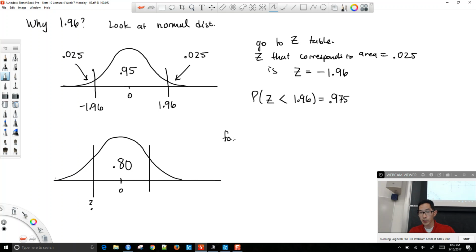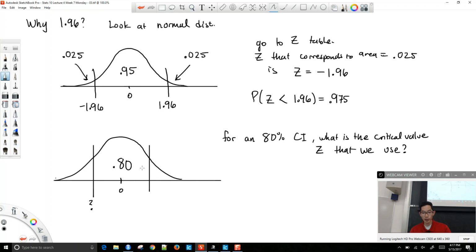So for an 80% confidence interval, what is the critical value z that I will use? Okay, so we want 80% in the middle, and so your answer choices are... okay. You can consult with your neighbor to decide.